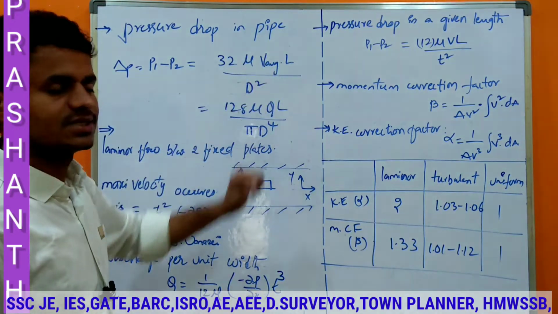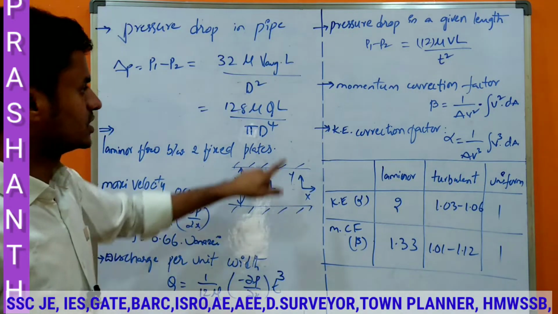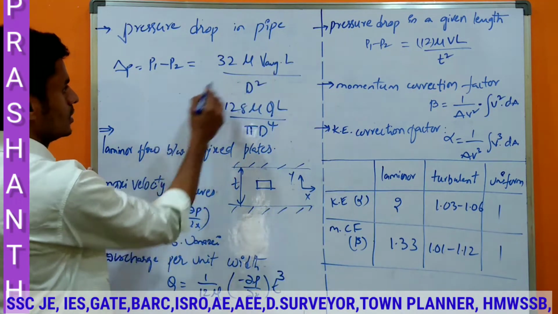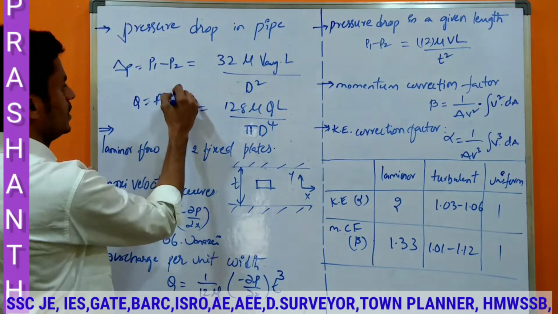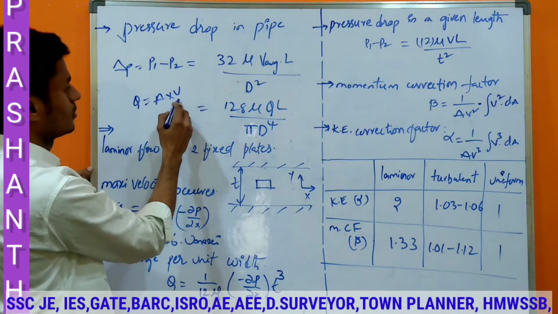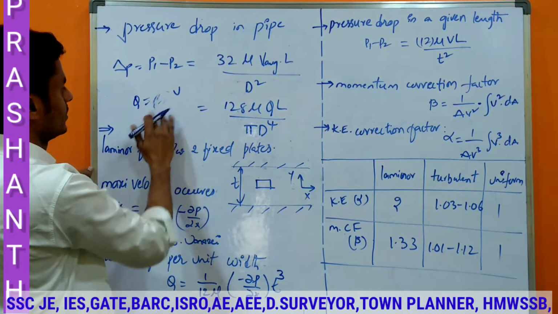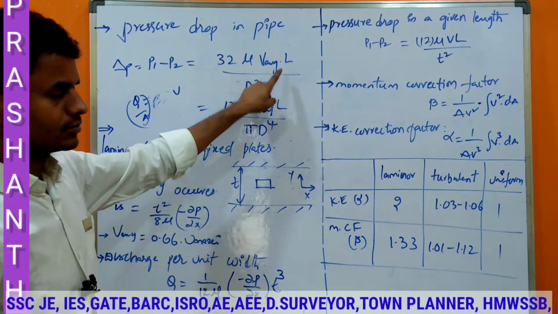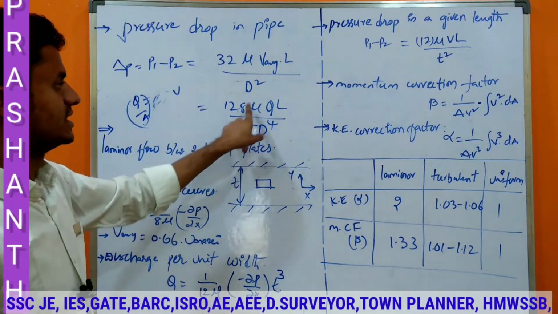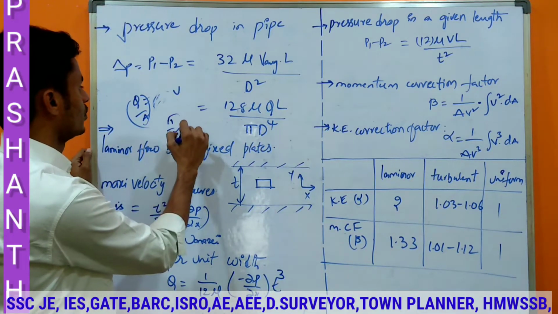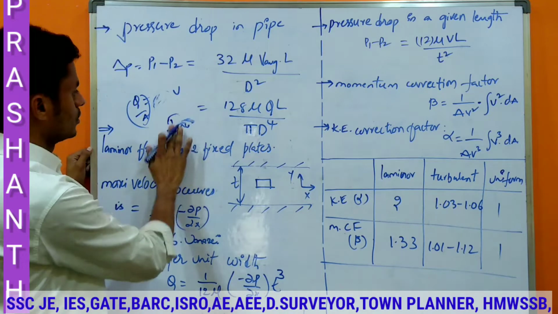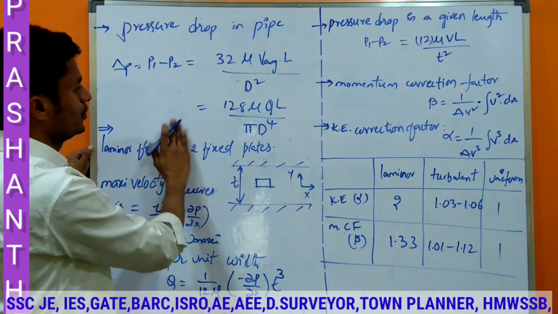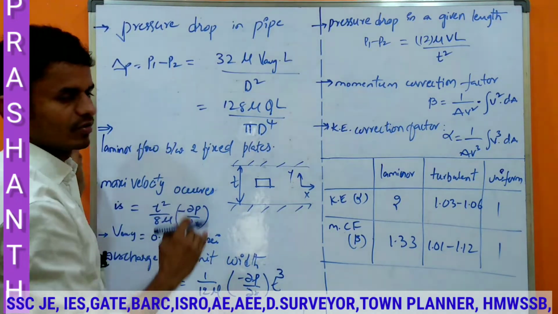If the velocity is not given but the discharge is given, then Q equal to A into V, so V equal to Q by A. At the place of V, we put Q by A, and if you solve, we get this formula. Here A is pi by 4 into D square. If you do the calculations, we get 128 into mu into QL by pi D power 4.